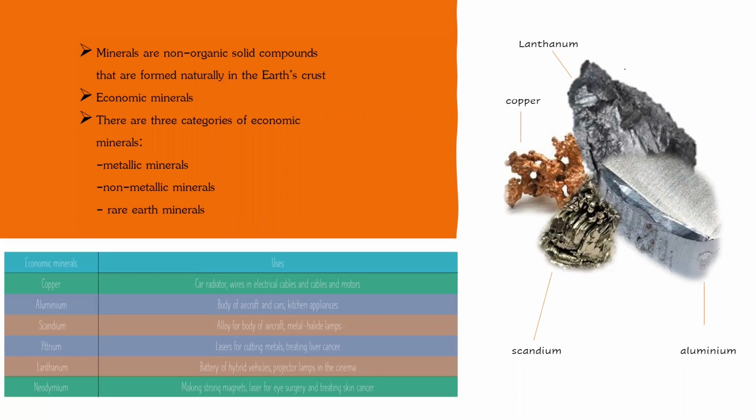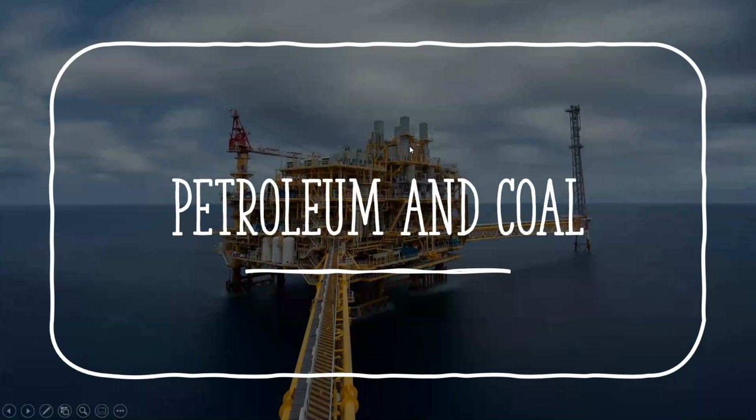Yttrium: lasers for cutting metals, treating liver cancer. Wow. Lithium: battery of hybrid vehicles, projector lens in the cinema. Neodymium: making strong magnets, laser for eye surgery and treating skin cancer. Wow, that's useful.